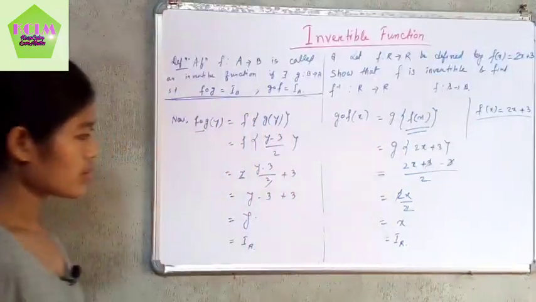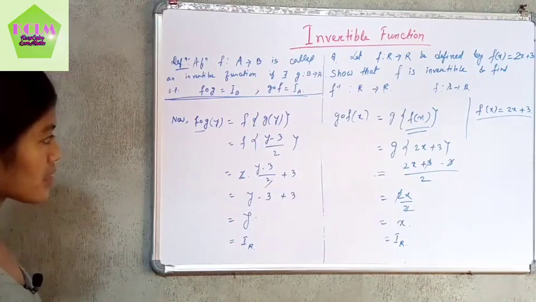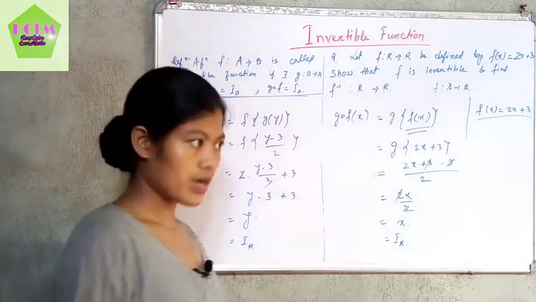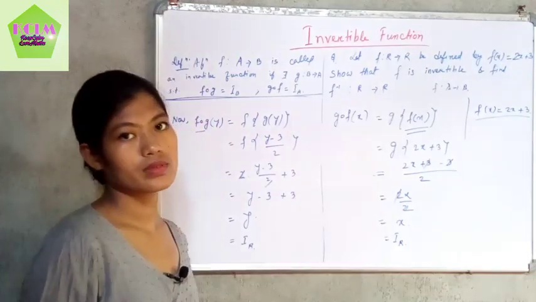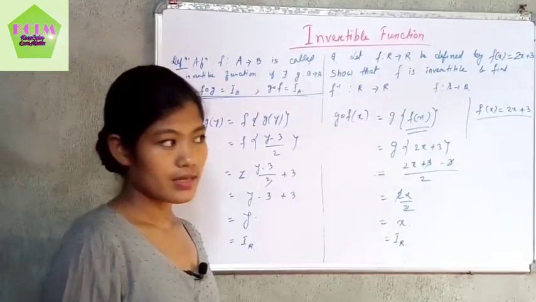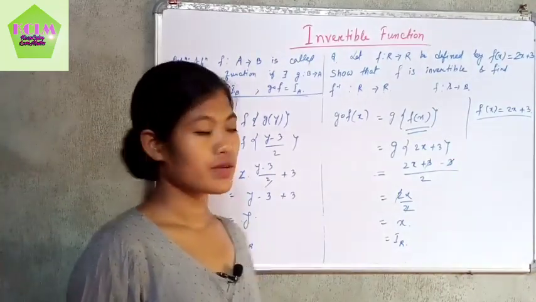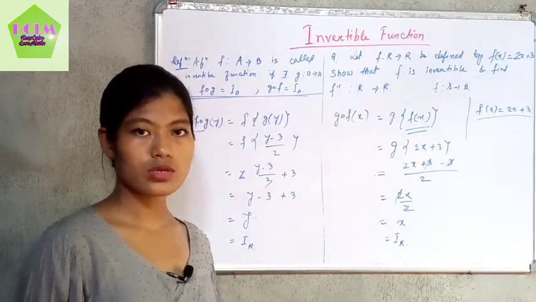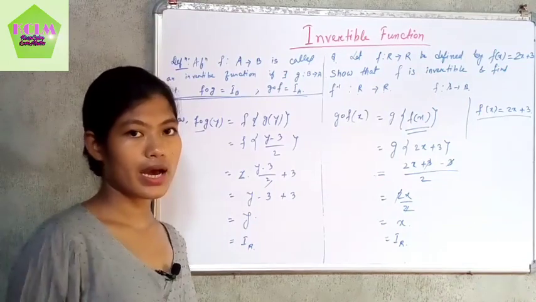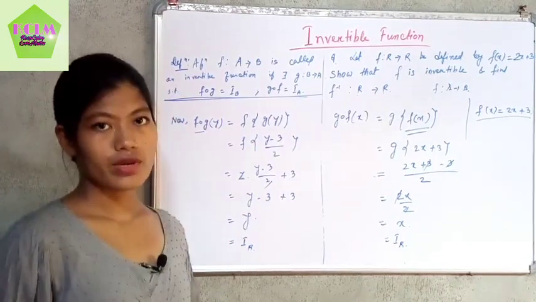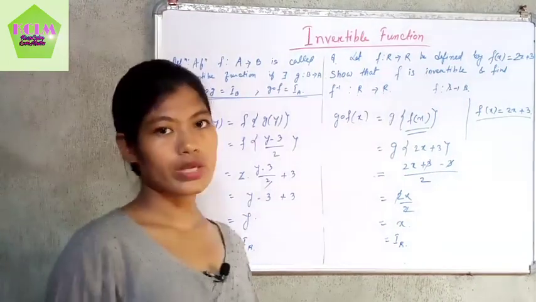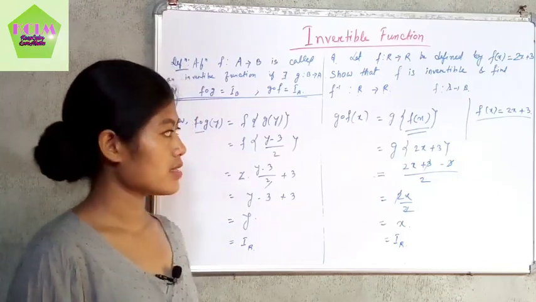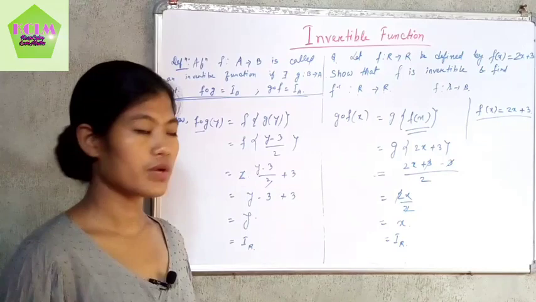We already discussed what an invertible function is. If a function goes from A to B, and there exists another function g from B to A, and if these two functions satisfy two conditions, f o g equals I and g o f equals the identity function, then only we can say that the first function f is invertible and the second one is the inverse of the first one.